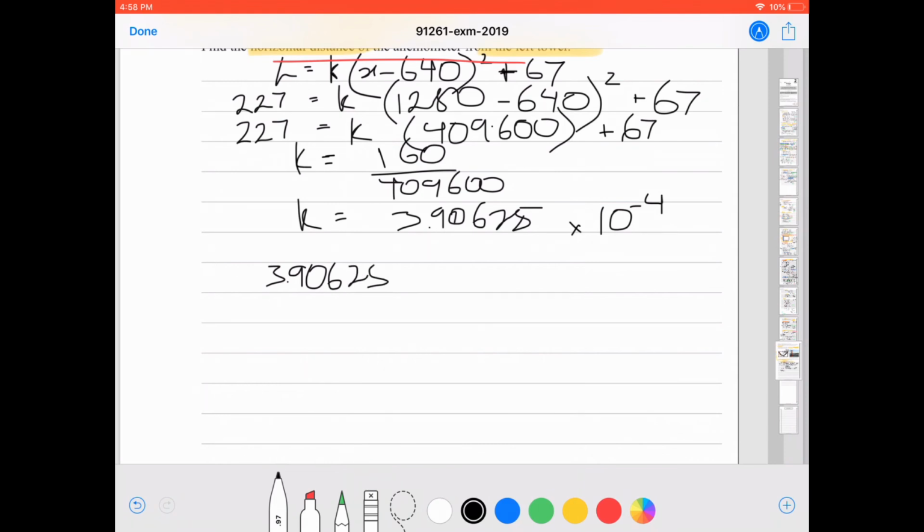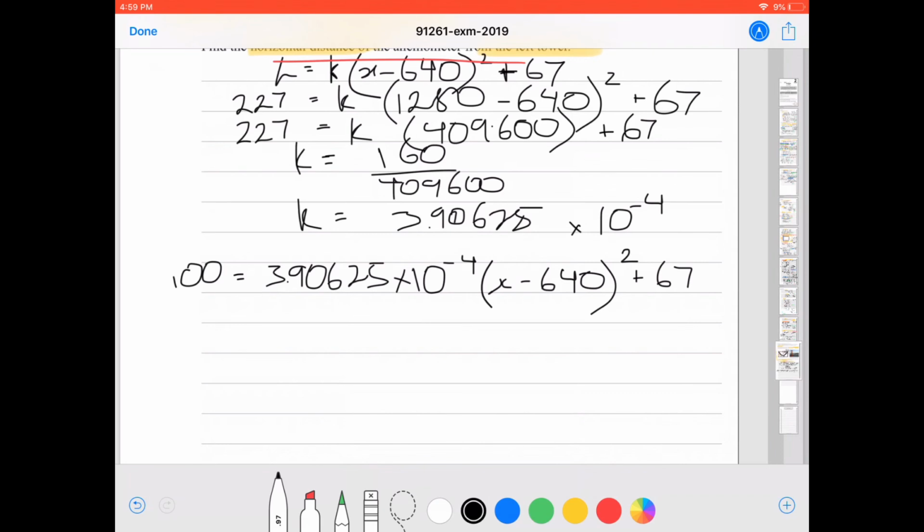It probably would be better to rearrange before plugging the numbers in, but that's all right. This is k, my mistake, and so h is 100. So 100 equals k times x minus 640 squared plus 67. This is our equation here, and we're solving for x.